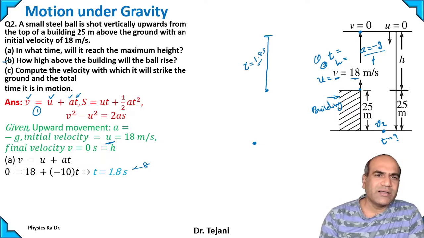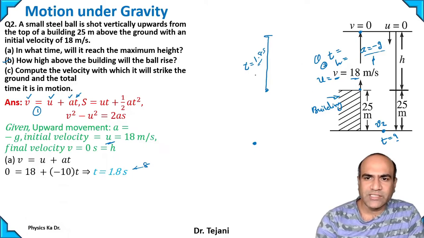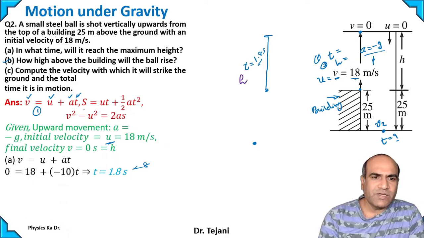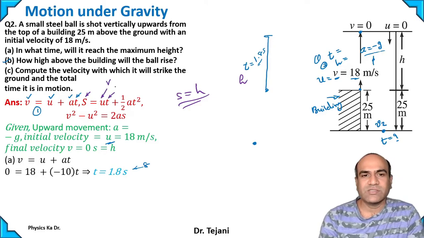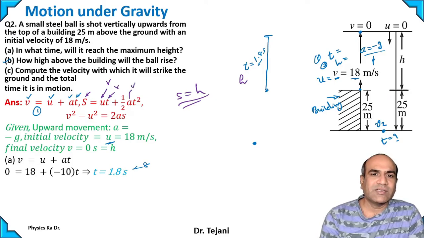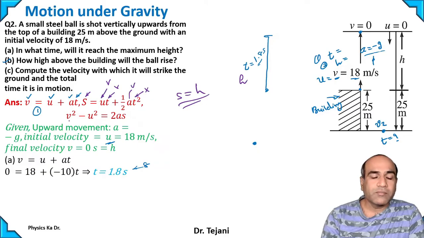Second is how high above the building the ball goes. So we need h, that means s is equal to h. Initial velocity given, yes. Time given, no. Acceleration given, yes. Can we use the first equation? No. Then equation number 3, v squared: final velocity given, yes. Initial velocity given, yes.